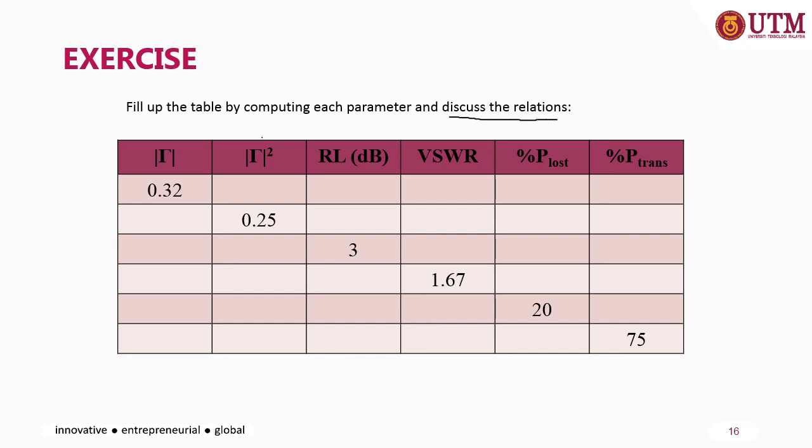What happened when you have a positive or negative reflection coefficient, and what will be your magnitude or total loss, what will be your return loss, what will be your VSWR, whether it is within the preferred limit, how about the total power loss, and the percentage of transmitted power.